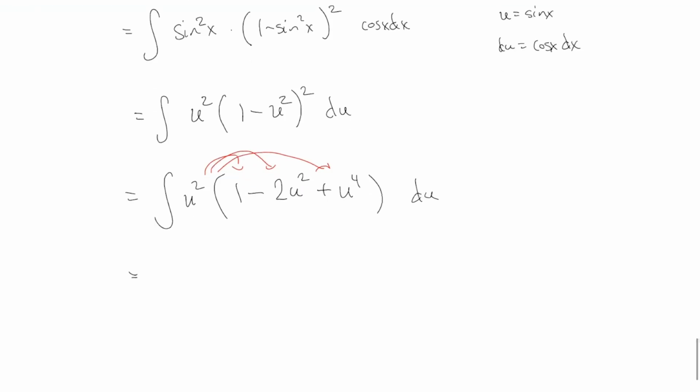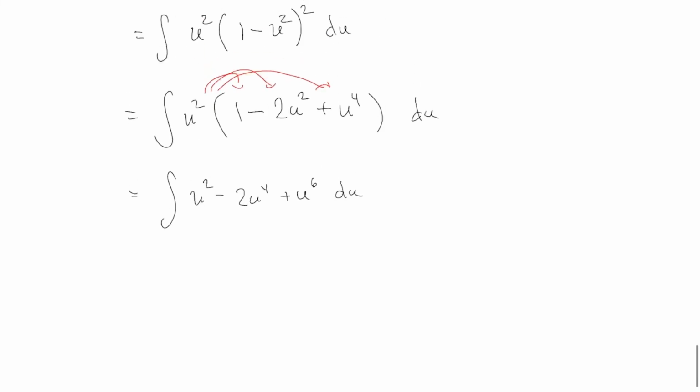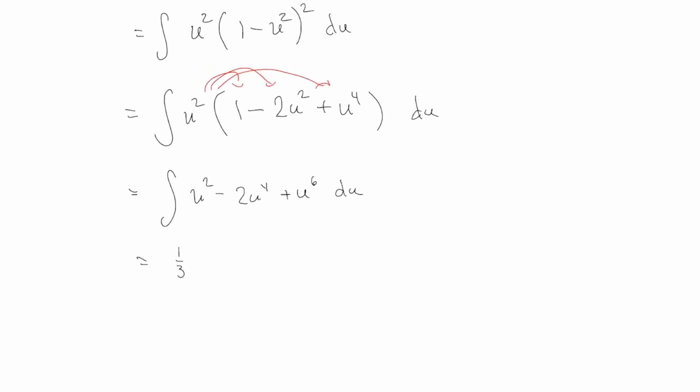So this becomes u squared minus 2u to the 4. You should be adding the exponents here, plus u to the 6. And now we can do the integral. Just go down the line. These are polynomials. So it's 1/3 u cubed minus 2/5 u to the 5 plus 1/7 u to the 7 plus C. And then finally we replace the u.